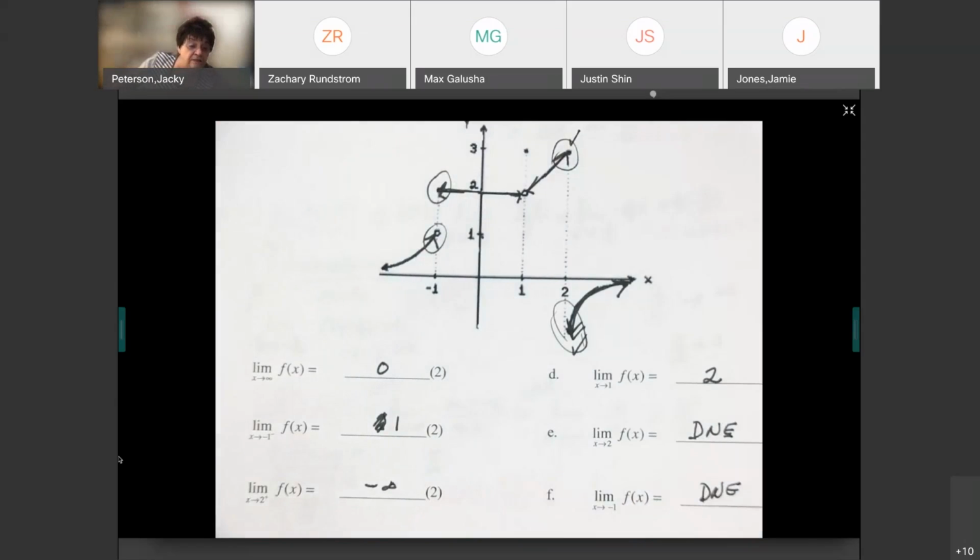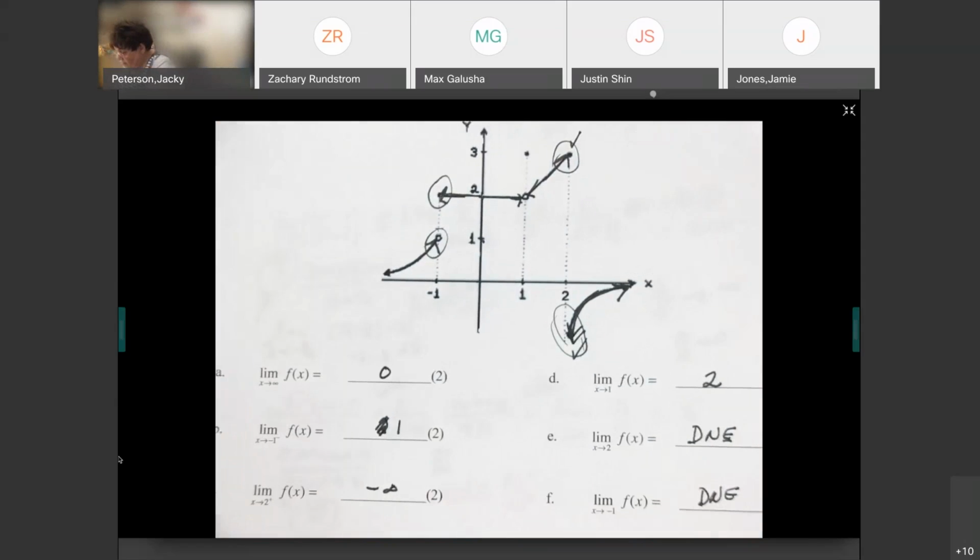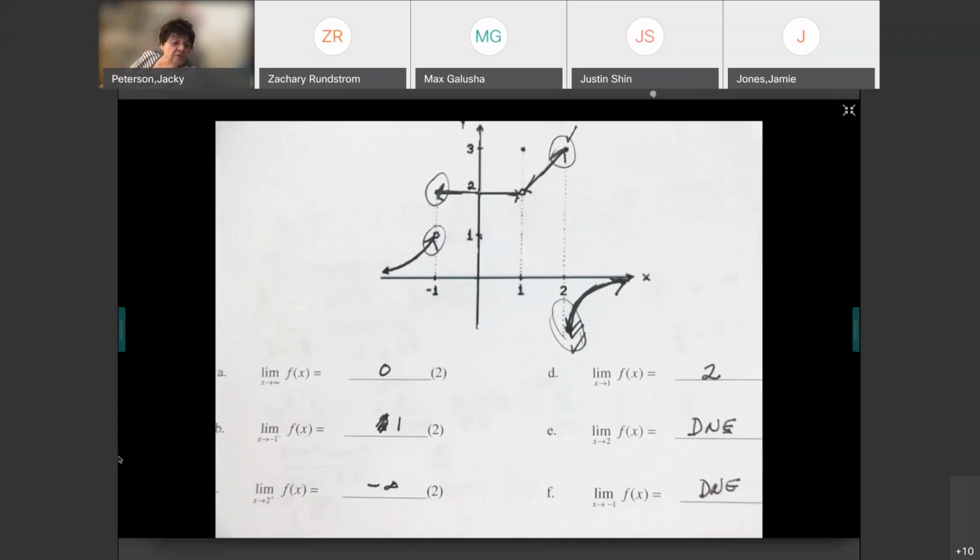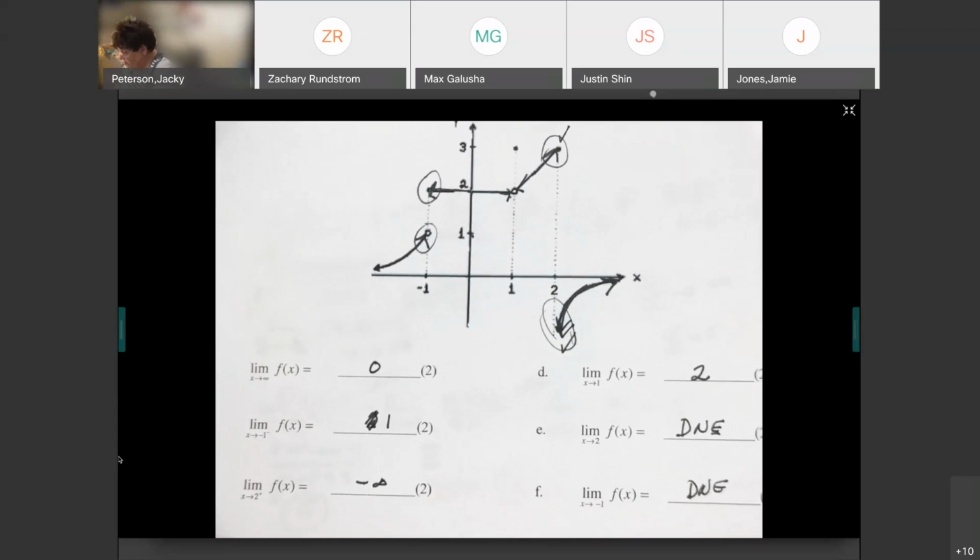Wouldn't 1 be 3? If I'm coming, which one would you want? What do you mean, what wouldn't 1 be 3? I'm not sure what 1 you're talking about.